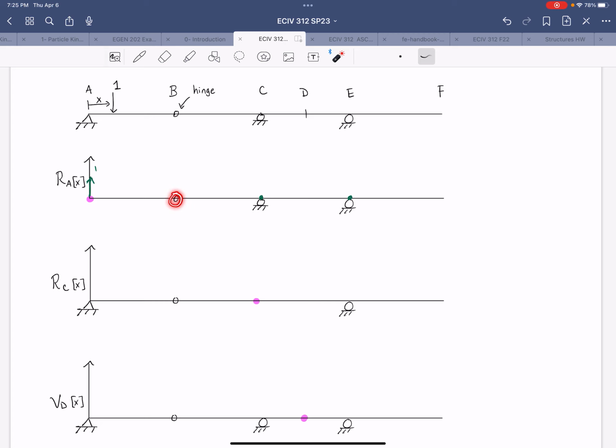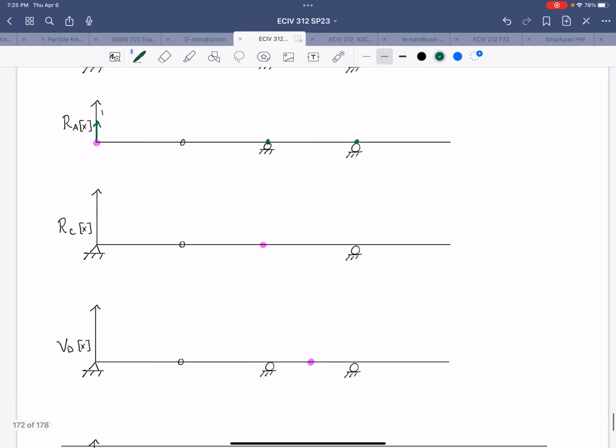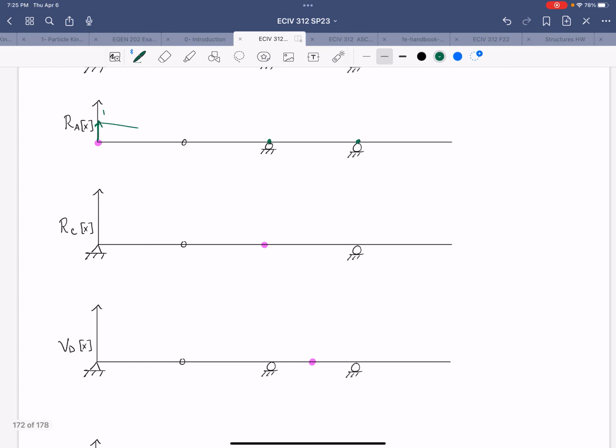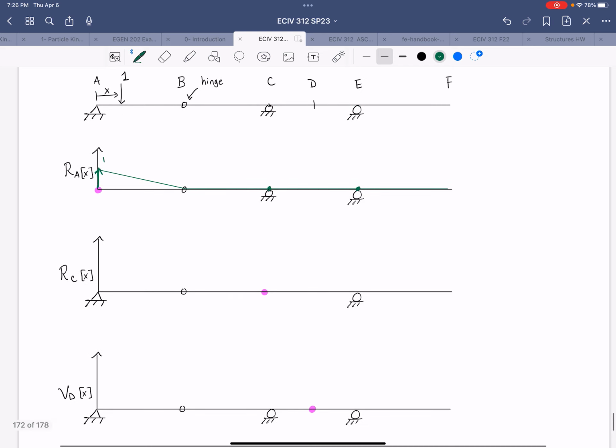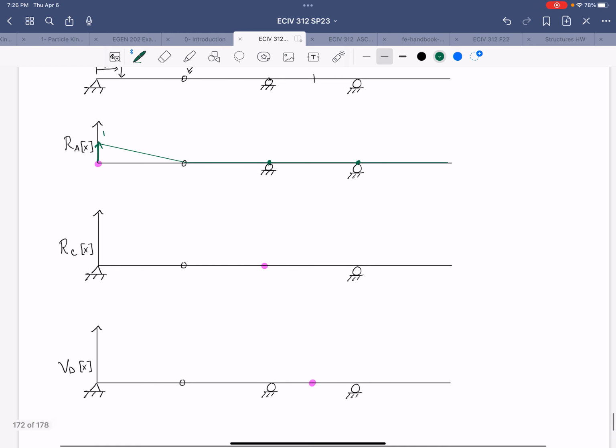And the hinge is where the beam can change slope. So we can simply draw our straight lines according to what we've noted, right? In order for these 2 points to be met at 0, it has to be a horizontal line from B all the way to F. So that's it. Our influence line is done for the reaction at A.